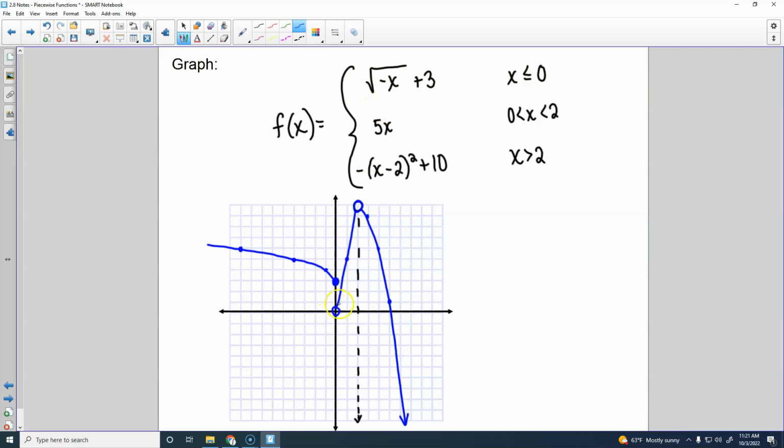Okay, we have this line right here in the middle, the slanted line, from 0 to 2. And then this is a quadratic. It's been flipped, moved right 2, and up 10. So the vertex of the quadratic ends up being right here.